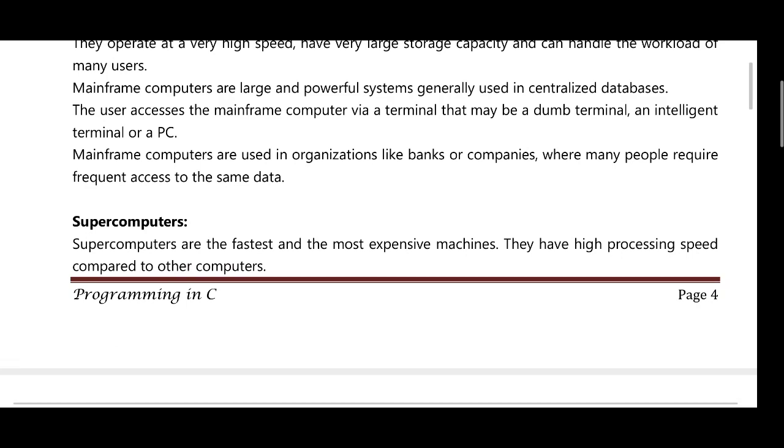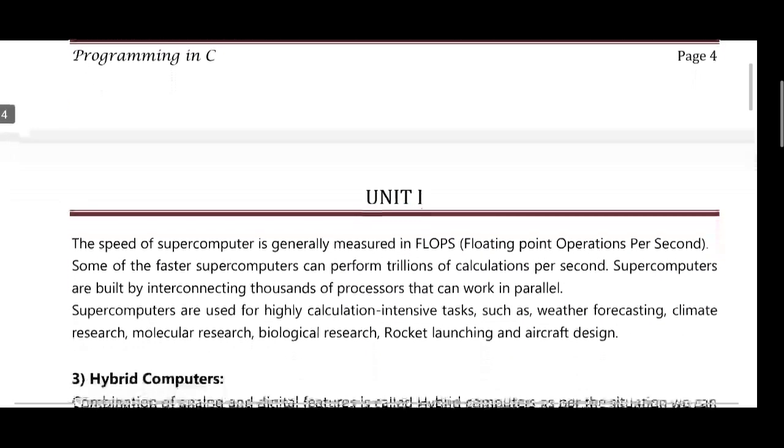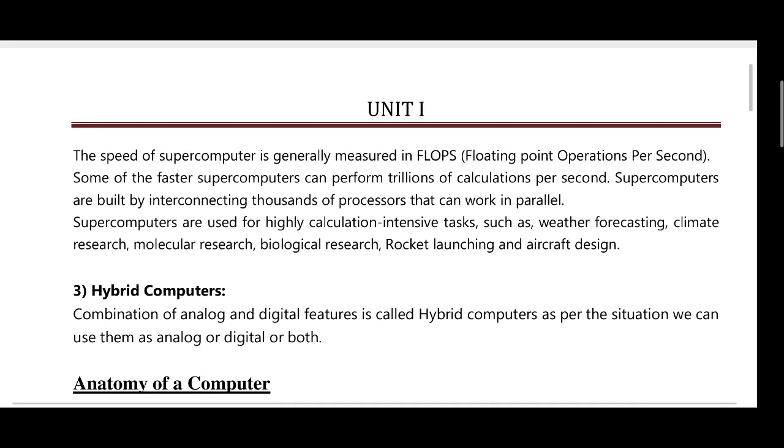Next one, supercomputer. Supercomputers are the fastest and the most expensive machines. They have high processing speed compared to other computers. The speed of supercomputers is generally measured in FLOPS, floating point operations per second.